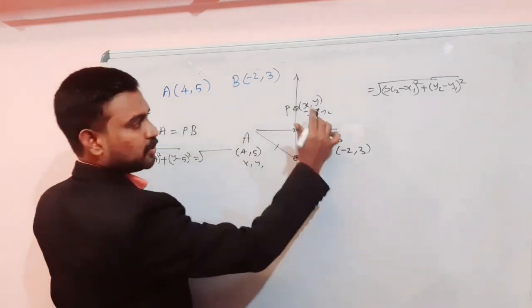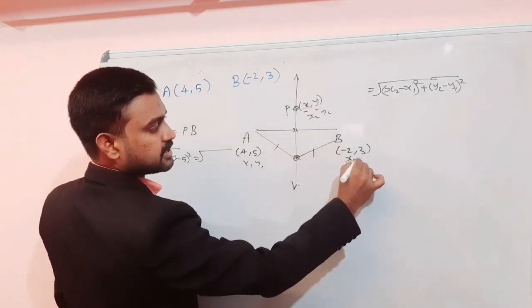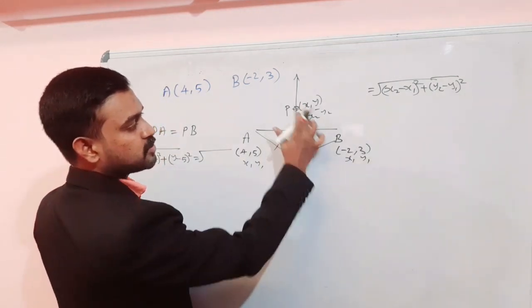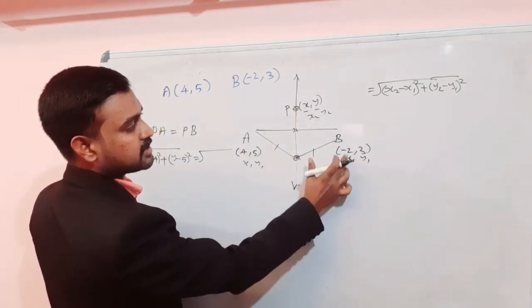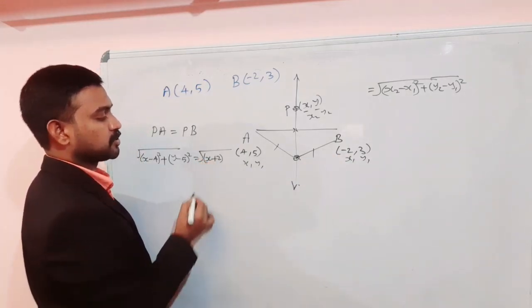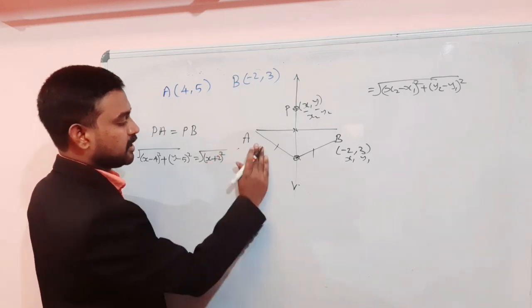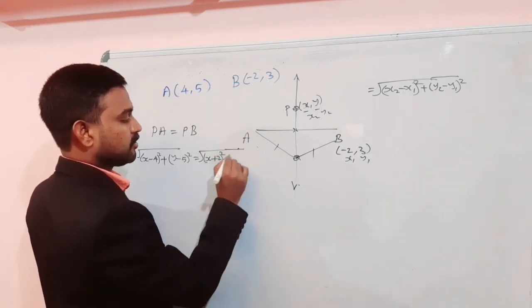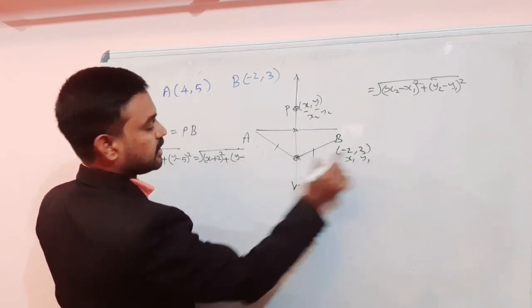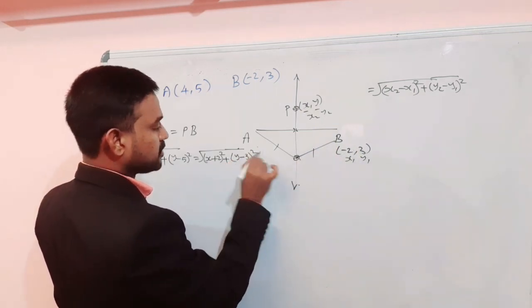For PB, this is x2, y2 and we consider this as x1, y1 and apply the distance formula. So x2 minus x1 means x minus minus 2, which will be plus 2, because 2 minus symbols become plus. So plus (y minus 3) all square, that is y2 minus y1 square.